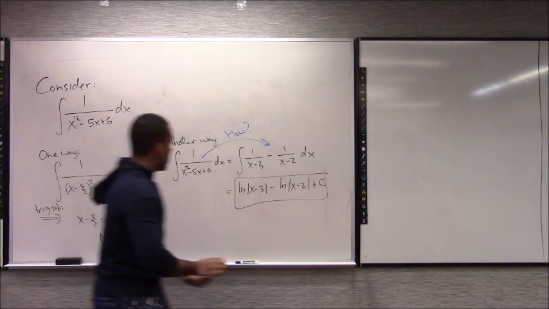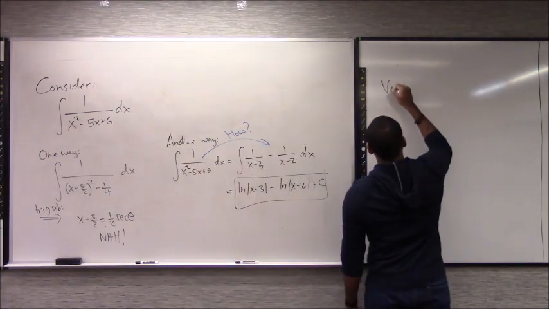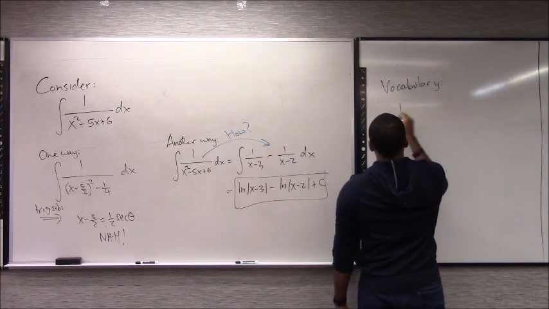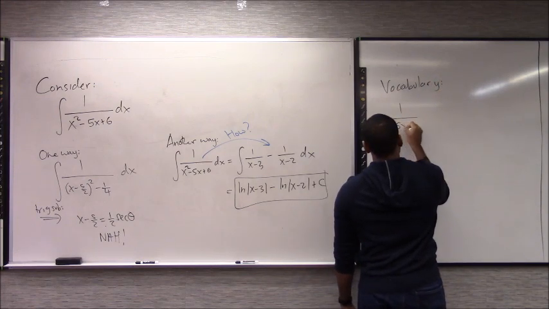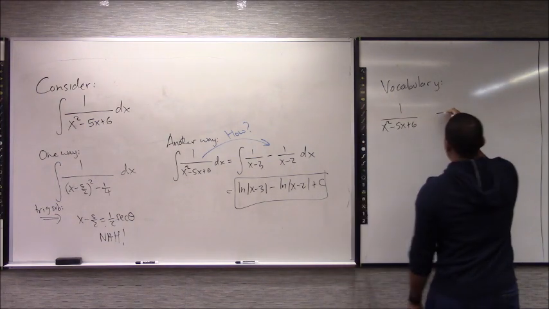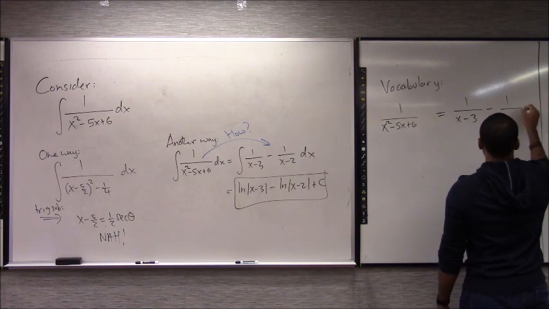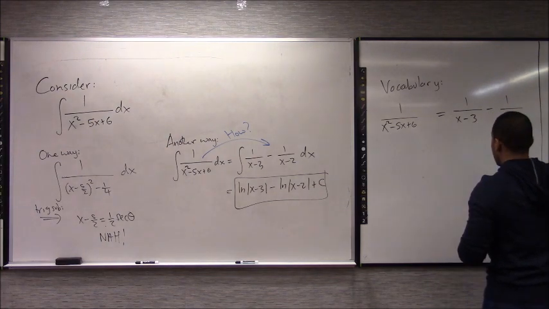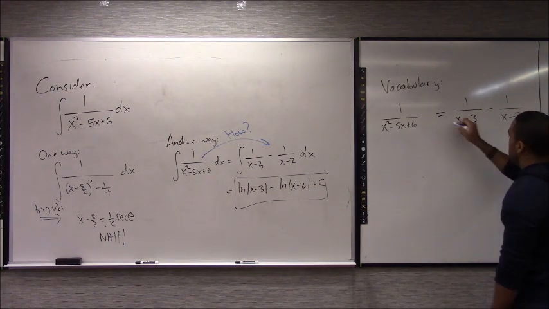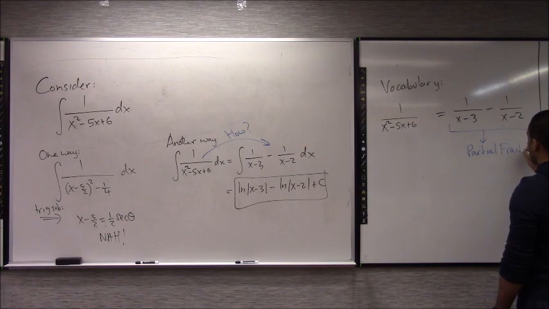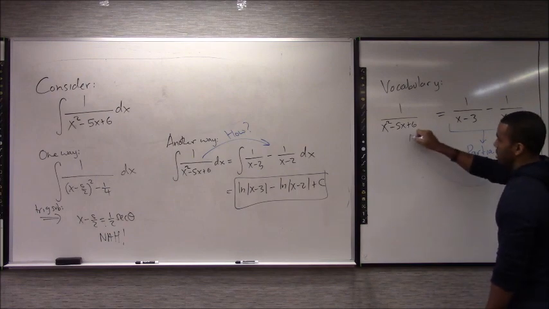Here's some vocabulary. When you have 1 over x squared minus 5x plus 6, and you can break it up into smaller fractions, namely these two, these guys are called the partial fractions of the guy over there.